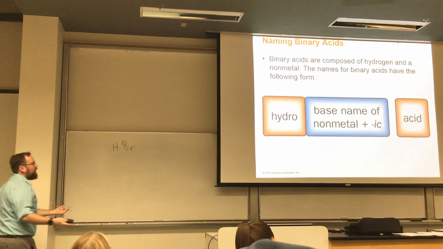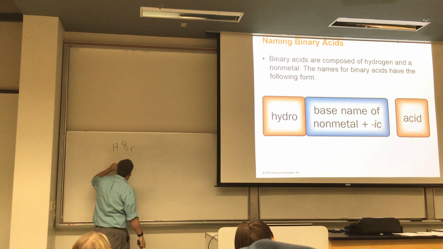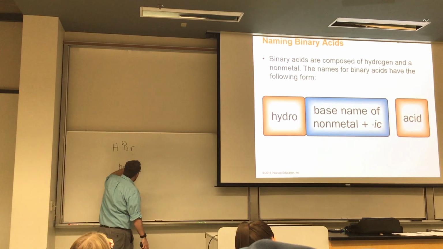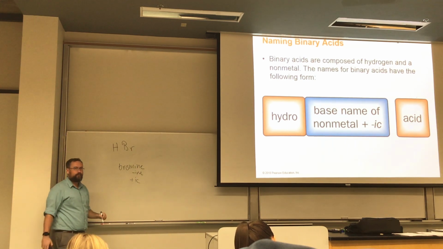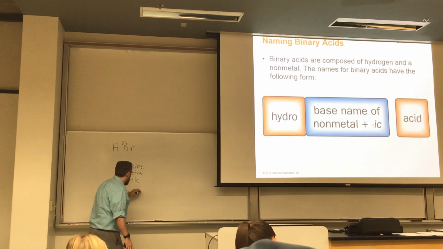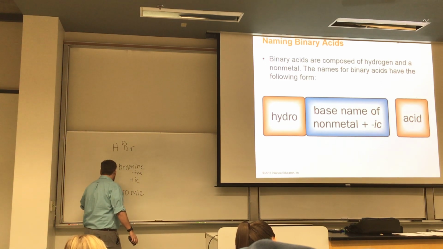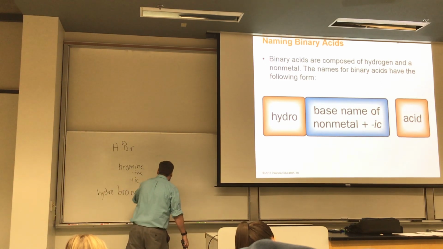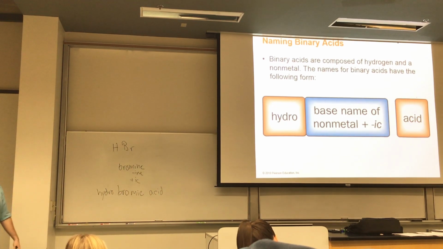First we have to identify the base name of our nonmetal: bromine. We're going to drop the ine and add ic. Bromic, and then we put hydro at the front and acid at the end. So HBr, hydrobromic acid.